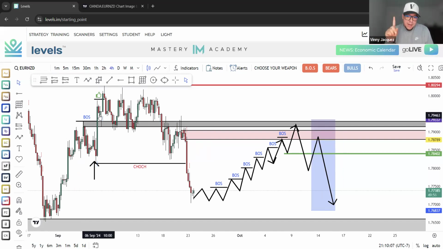So I'm going to close half. I have 1% in my account and I still have one playing. Once I hit my TP, my half should have my 1 to 3, if I'm not mistaken.